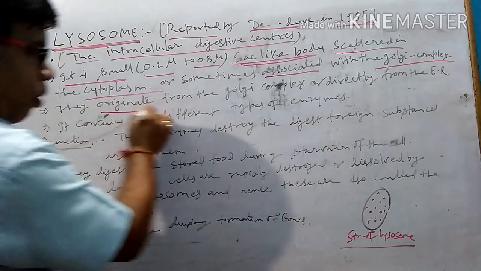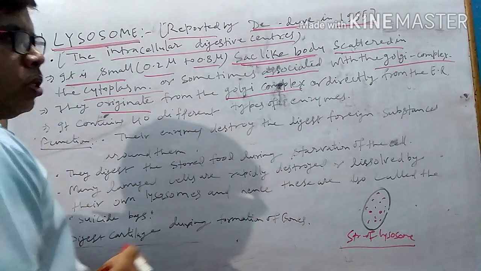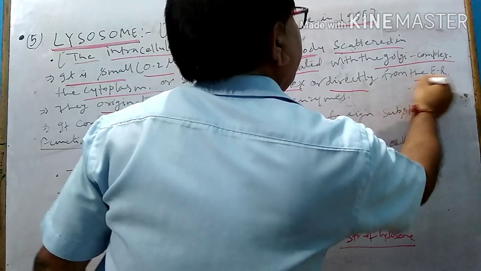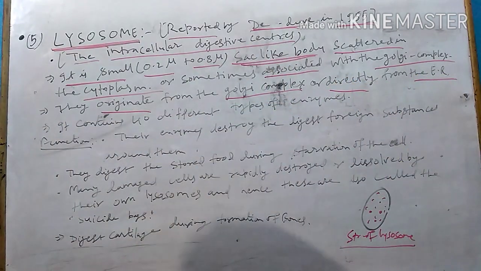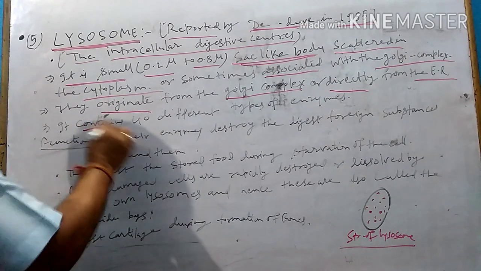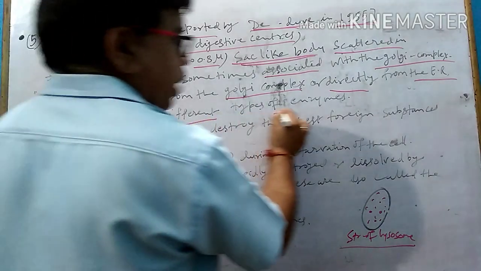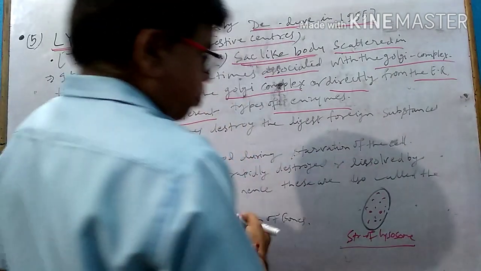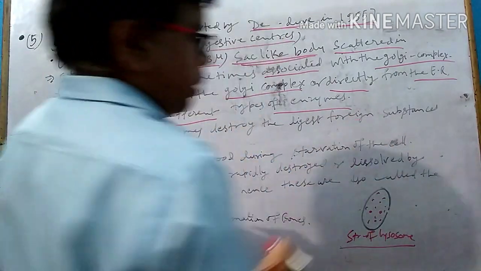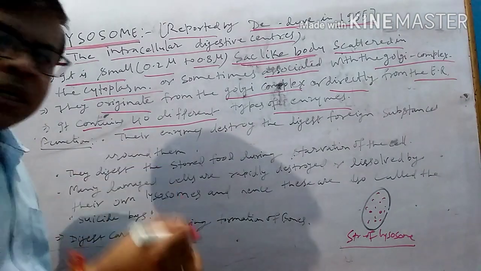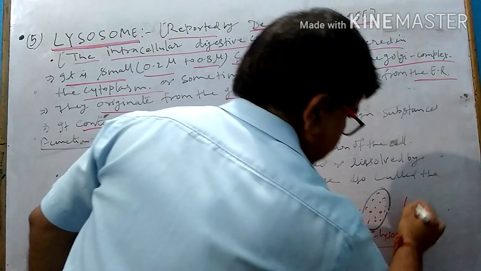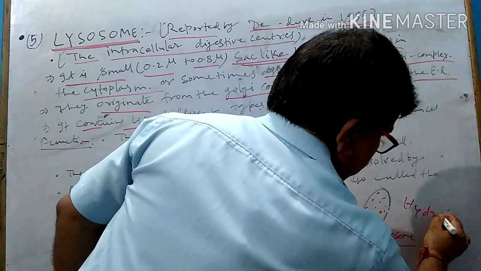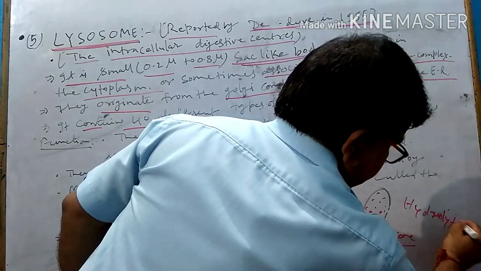They originate from the Golgi complex or directly from the endoplasmic reticulum or ER. It contains 40 different types of enzymes. One is hydrolytic enzyme.